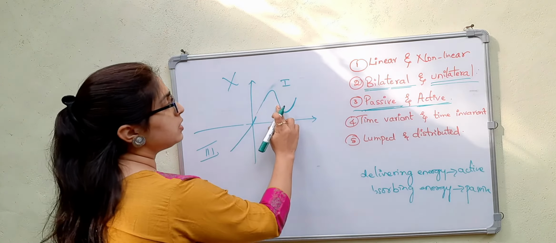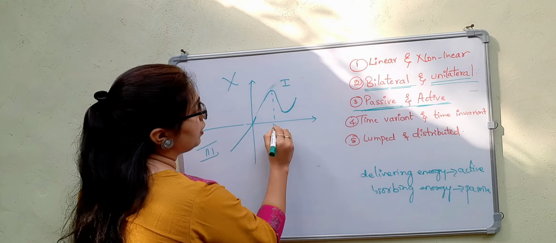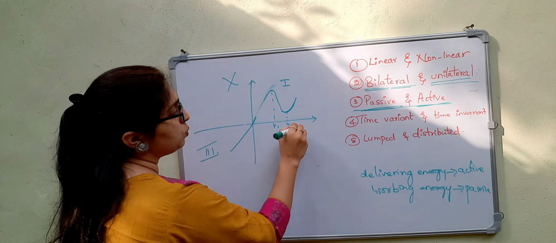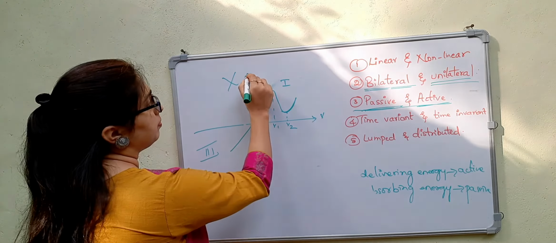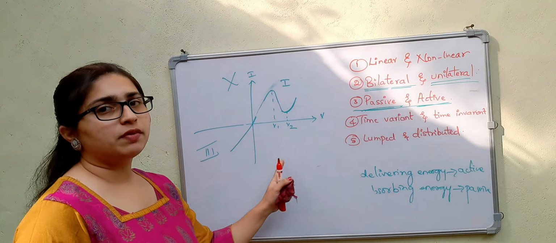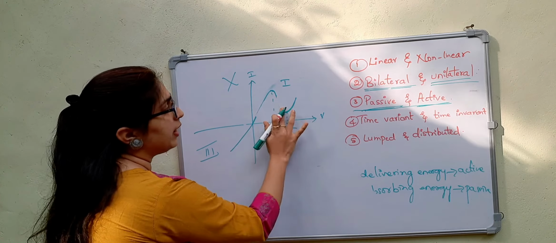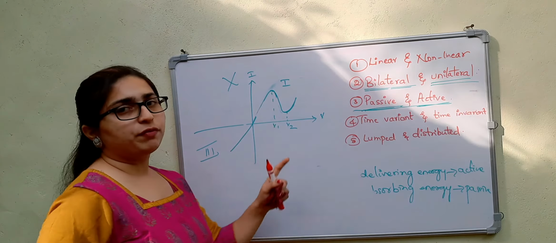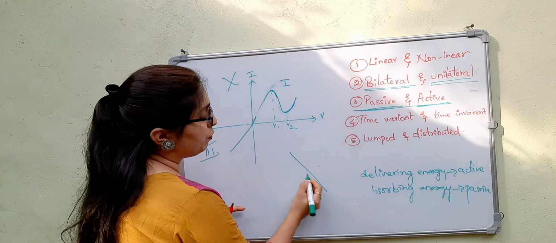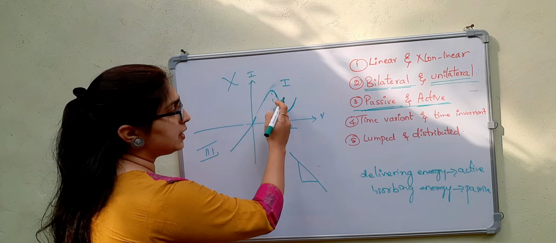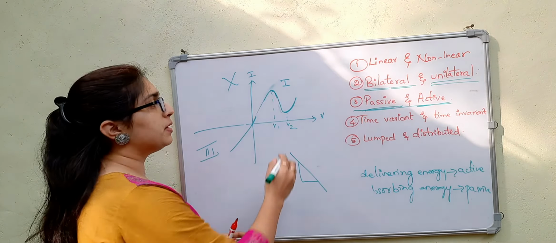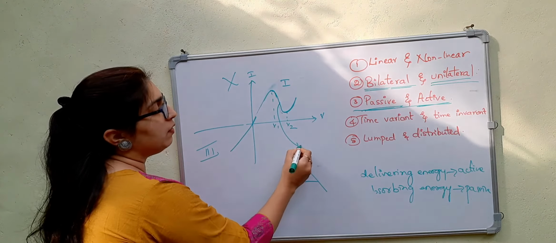See, when you consider the slope, if I consider this as V1 and this as V2, in this region you have a decreasing line, right? So if I find the slope, since it is decreasing, your slope will be negative in this case.